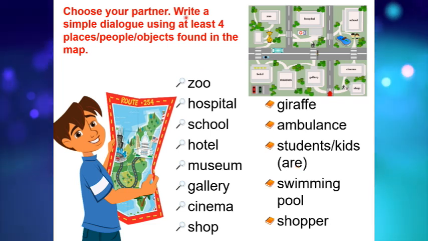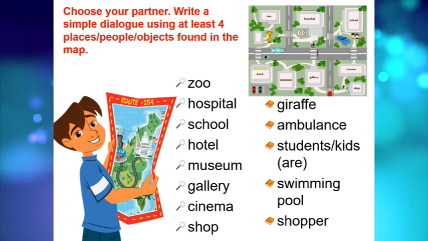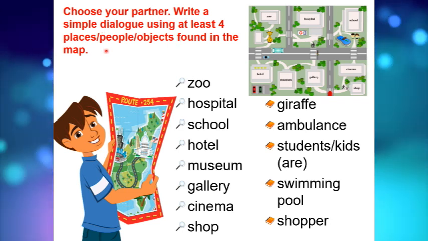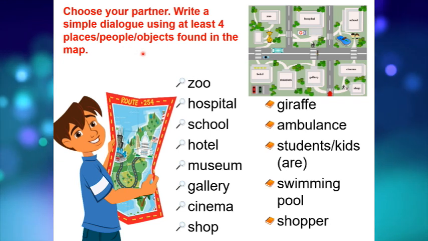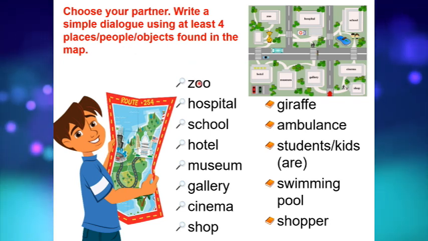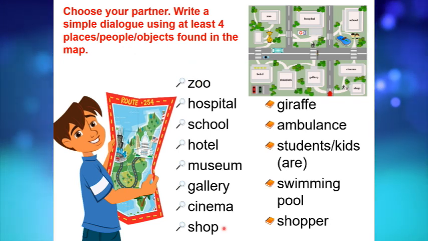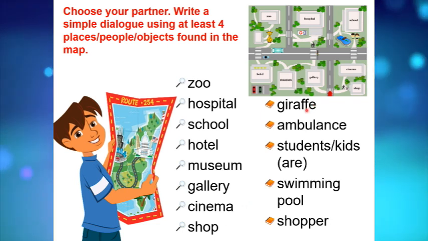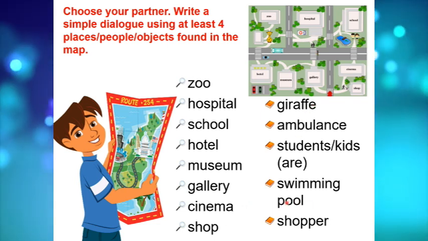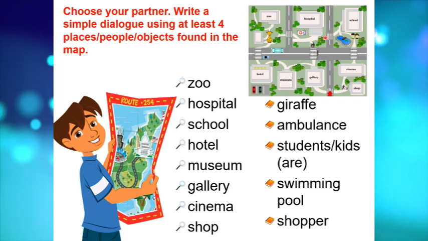So it says here, write a simple dialogue using at least 4 places or people or objects. These are the places and these are the people or objects found in the map.